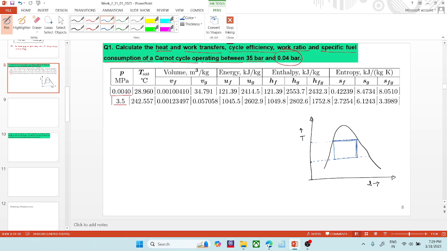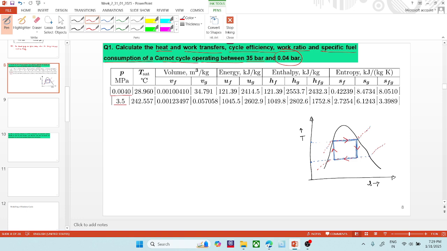So it would be inside this dome only, because the constant pressure lines would be like this, so outside the dome the temperature would not be constant. So the Carnot cycle is restricted to inside this dome only. The processes would be like this.